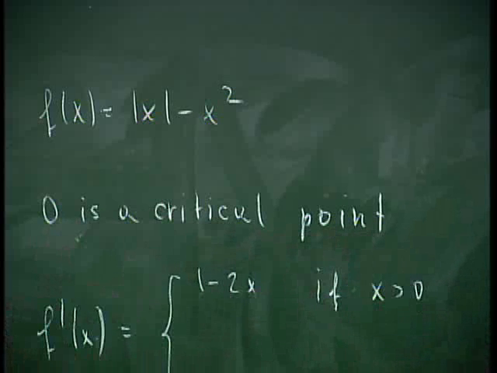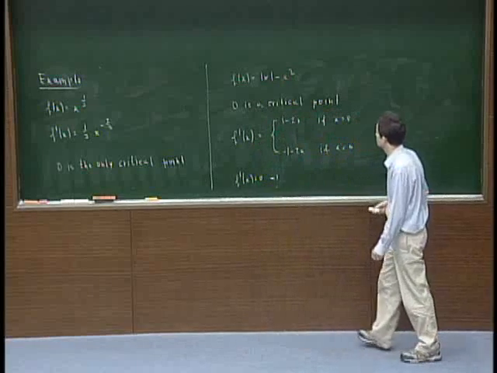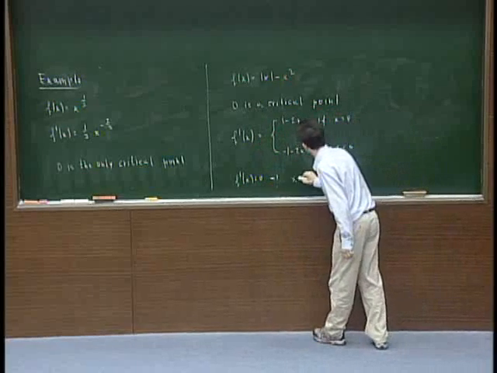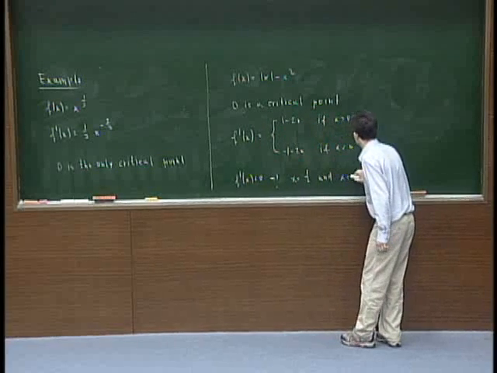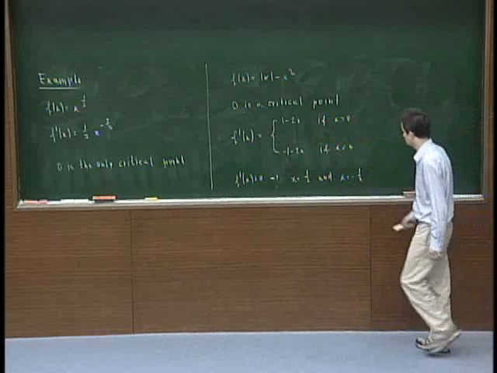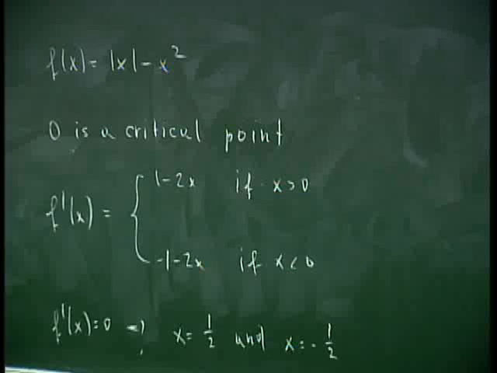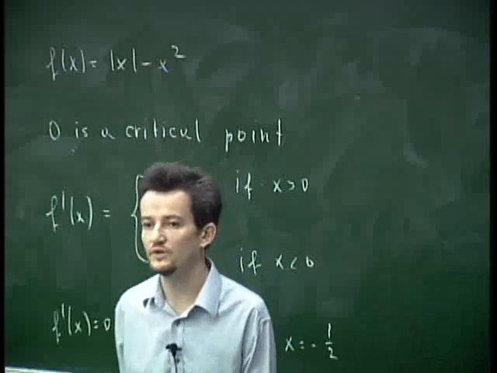So if you equate this to 0, then you get two zeros, namely x equal to 1/2 and x equal to minus 1/2. So the set of critical points here is 1/2, minus 1/2 and 0, and this is the set of the possible points where you might have a local extremum.